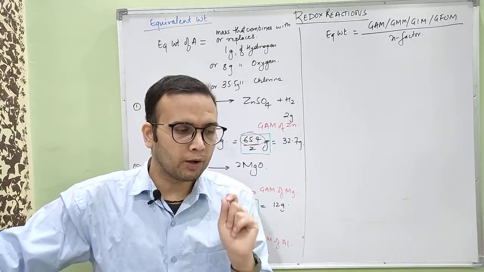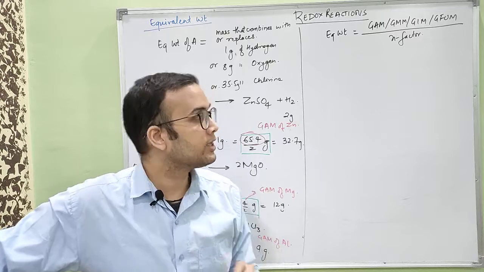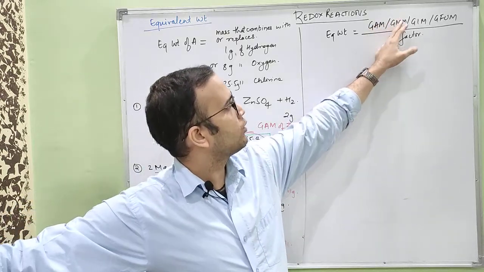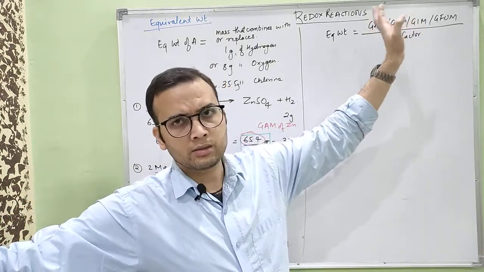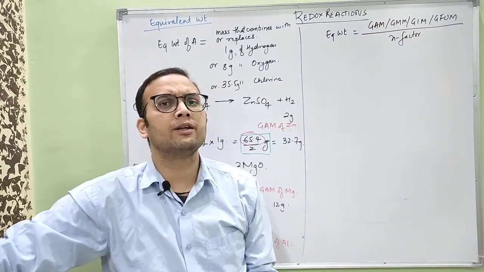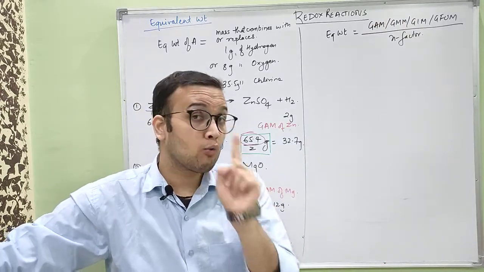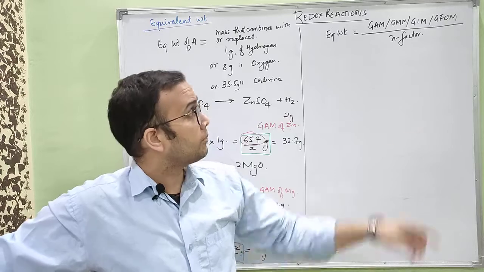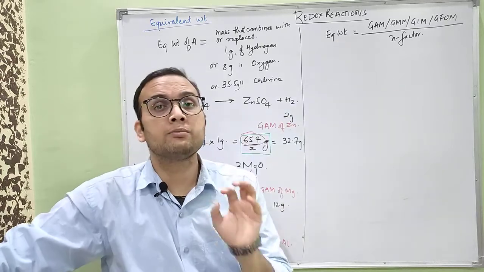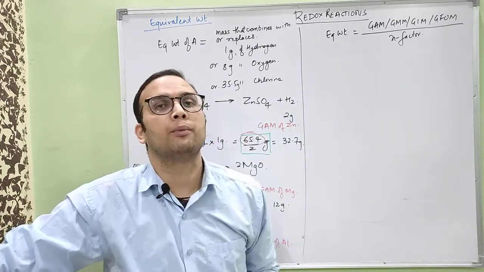Now, a very, very important point that you need to notice is that all these quantities, these weights, are calculated for 1 mole of the compound. That means equivalent weight will always be calculated for 1 mole of the compound. Write that.